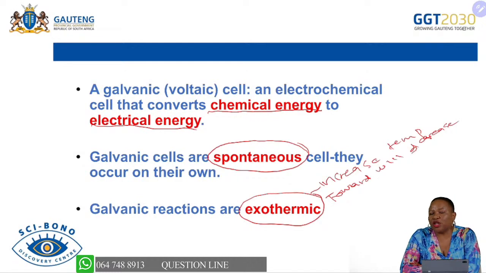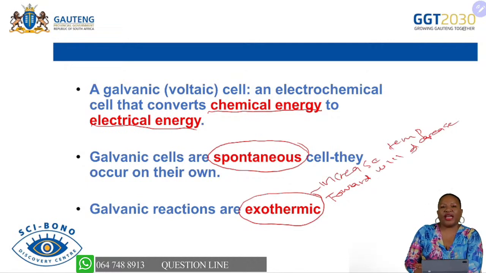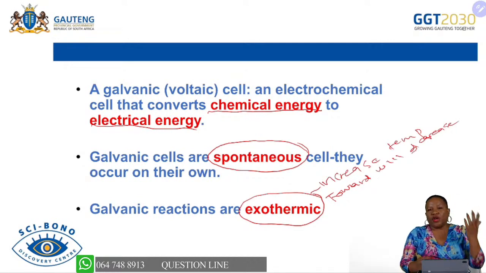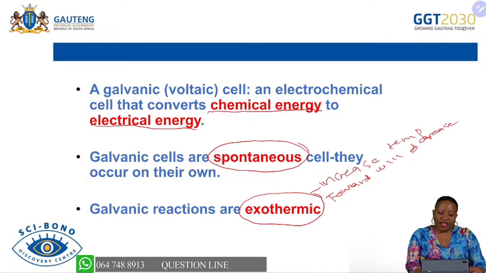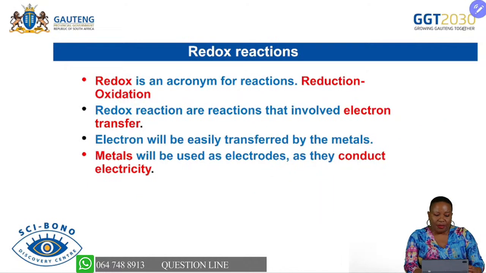So they are exothermic reactions, and when you start increasing the temperature, you are not favoring the product side but the reactant side, and your reaction will favor the reverse reaction. That is the information that is provided at the beginning.